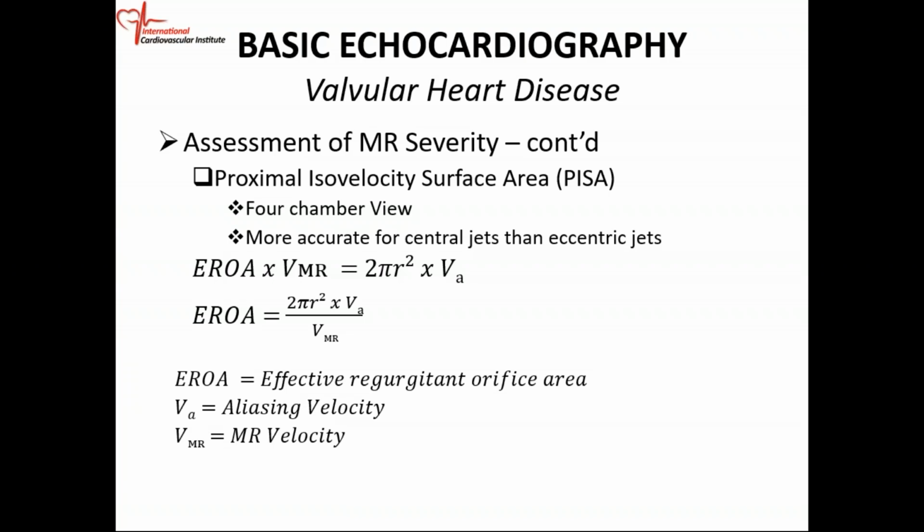And the flow convergence is actually a series of hemispheric shells. On the surface of these hemispheres, the velocity is the same. So that's why we call it isovelocity surface, and it's on the surface. So proximal isovelocity surface area.